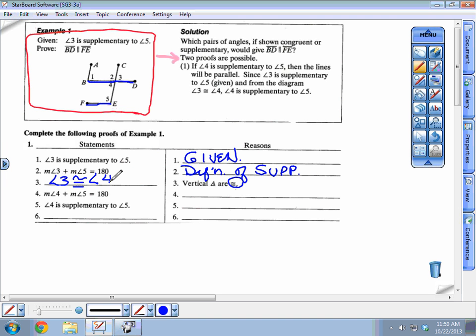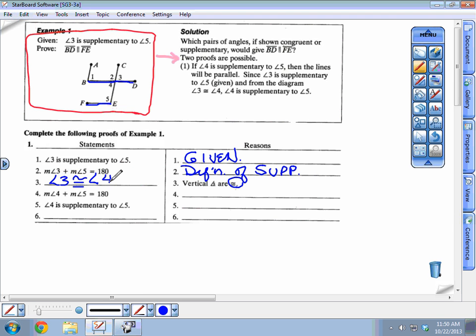The reason we're not using measure is because the reason says vertical angles are congruent. And when we're talking about congruence, we're not talking about measure. We'd have to use another statement about the definition of congruency. So when they say vertical angles are congruent, angle 3 is congruent to angle 4.